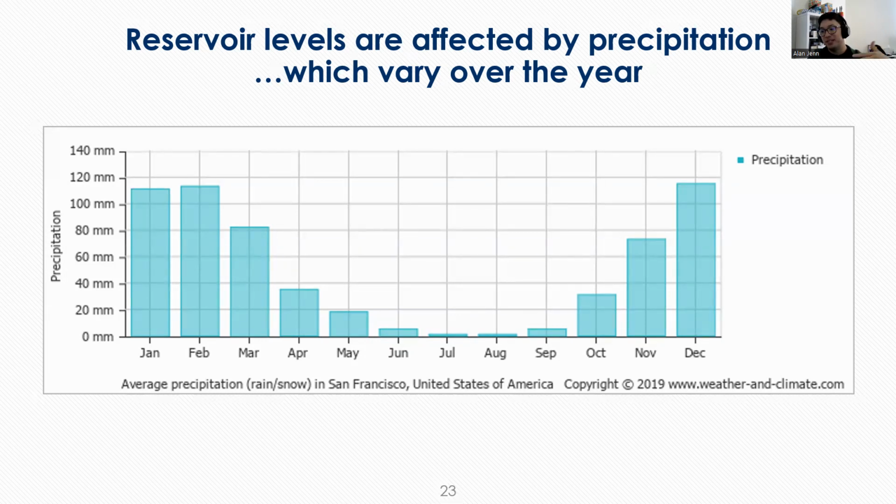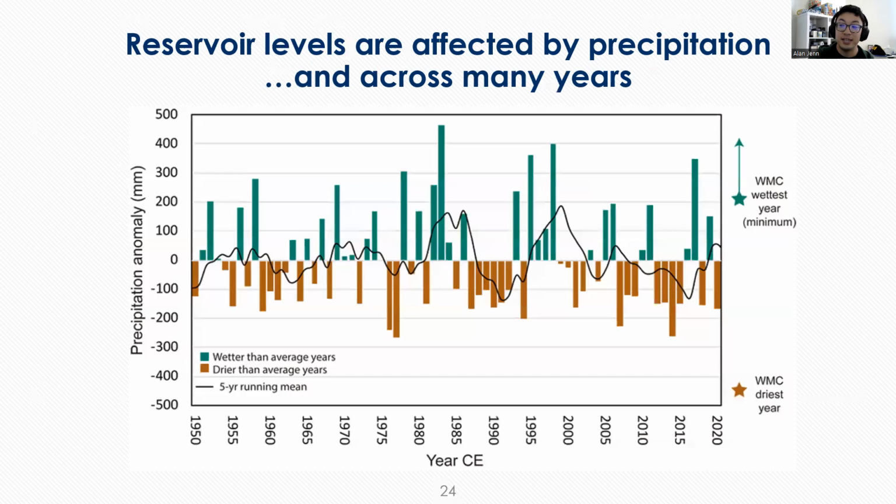isn't intermittent in the same way, but it is affected by precipitation, which can vary over the year. In different seasons, you may have a lot more rain than others, and that can affect your ability to operate your plant in certain ways. It is also affected by precipitation patterns across the years.